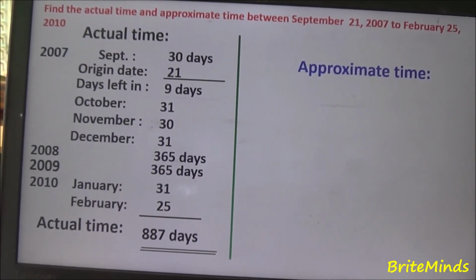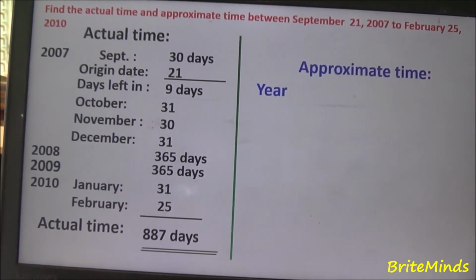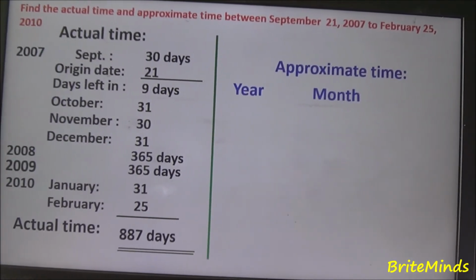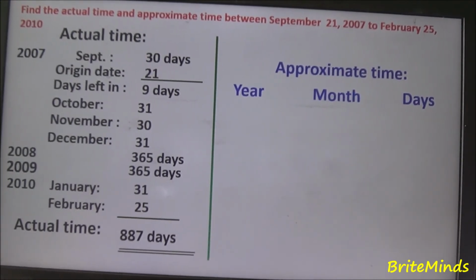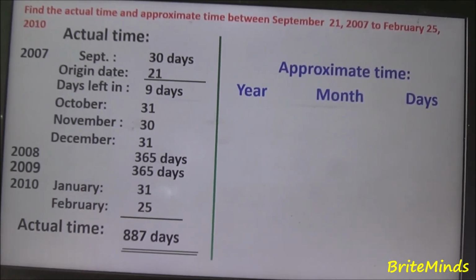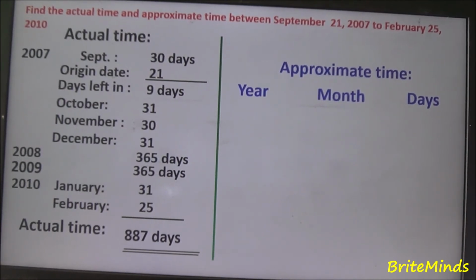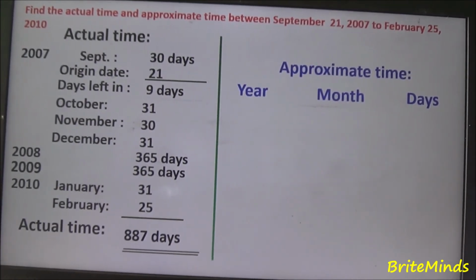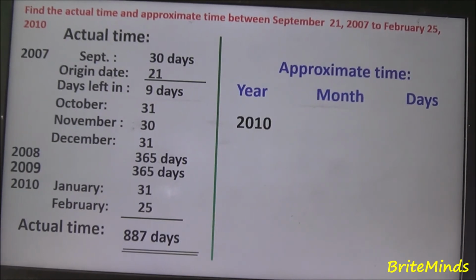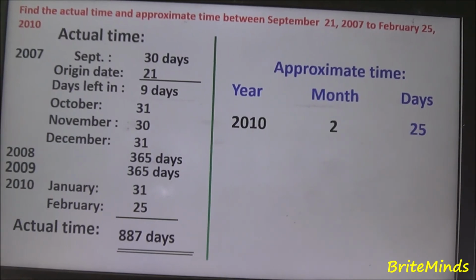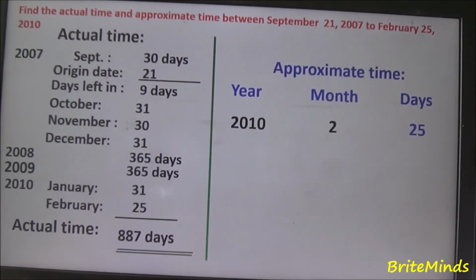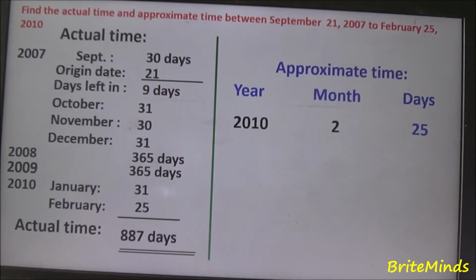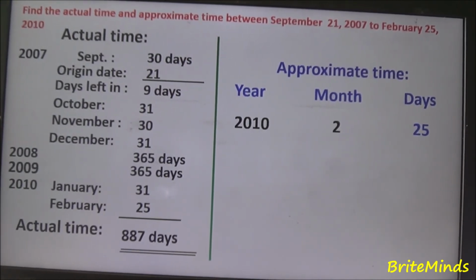So we write down first the years, and then the month, and the days. We write first the maturity date. So the maturity date is February 25, 2010 as the minuend. So for the year 2010, then month 2, and the days 25. And then the origin date, which is September 21, 2007.